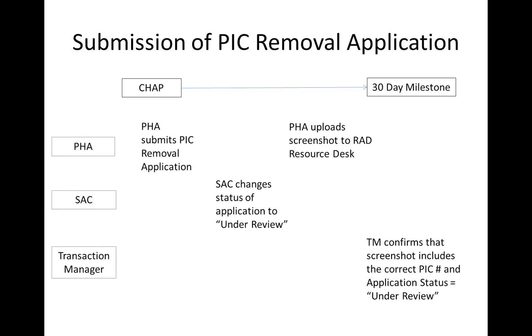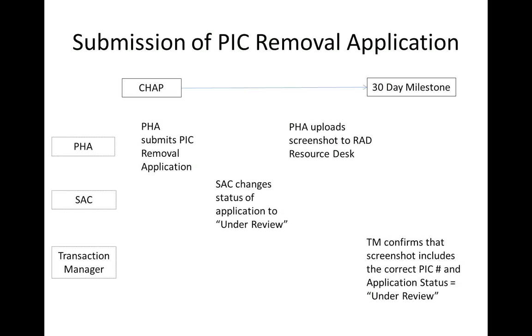The first step is where the PHA submits the PIC removal application. We now have in the resource desk, Leanne, I'm just looking at you to confirm, a part of the 30-day milestone that says, completed this step, great, upload screenshot.